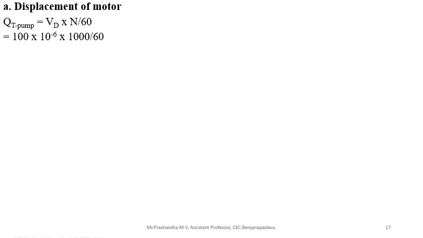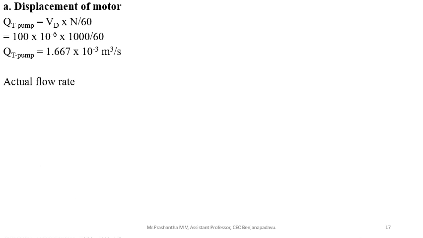Both Vd and speed are given as data. Substitute the values: 100 into 10 to the power of minus 6 into 1000 dividing by 60. We will get the theoretical flow rate for the pump as 1.667 into 10 to the power of minus 3 meter cube per second.